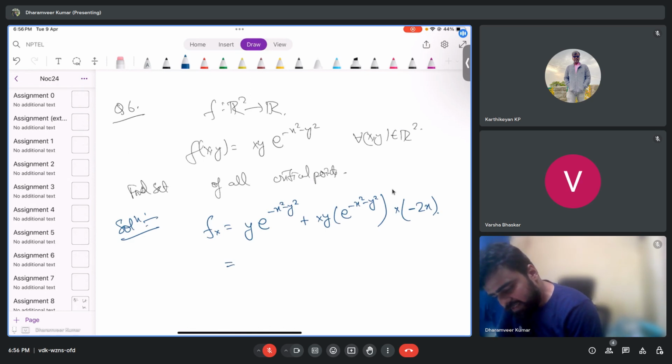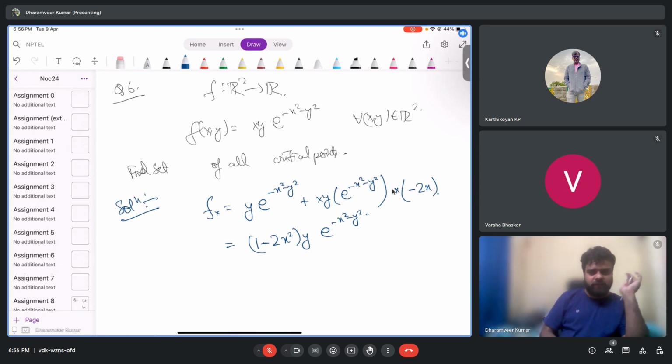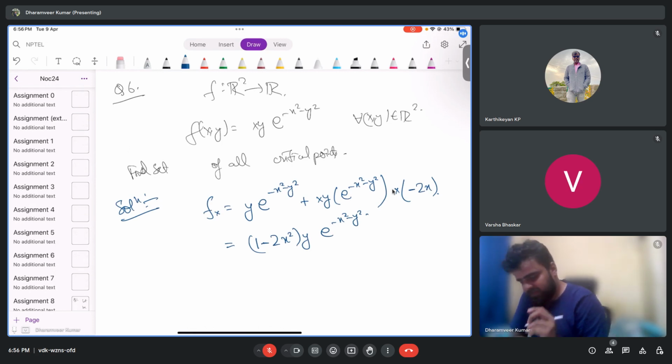This term is never zero except at infinities, right? You need a critical point inside. So this term is never zero. No matter what x, y I put, this is always positive. So when it is zero, it's on these points.